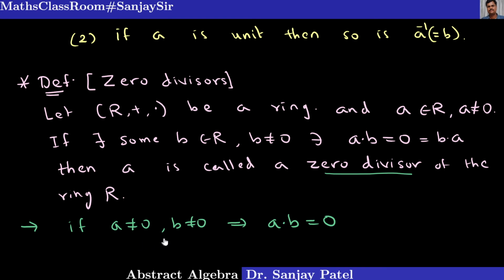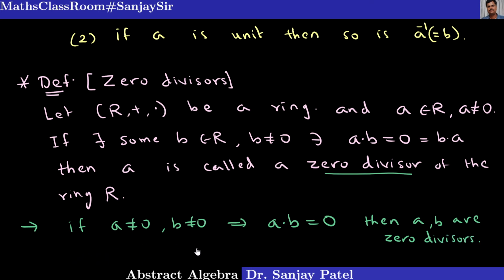This also we can write in an equivalent form by taking negation. Then A as well as B are called zero divisors.